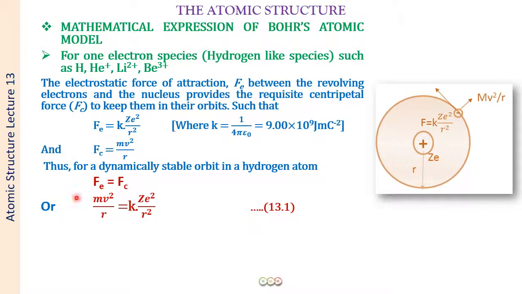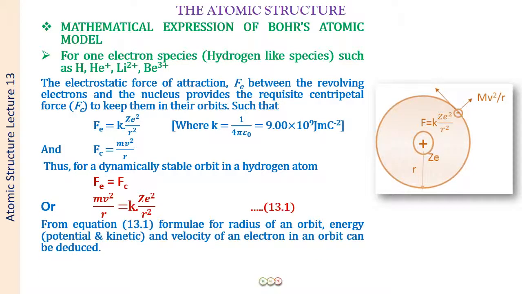And now this is going to be a very, very important relation for you, because this is going to help you derive the formulas for the radius of the orbit, the energy, potential energy, kinetic energy, and the velocity of an electron in an orbit, right? So this formula, how it has come and what this equation is basically, you should remember this. This is going to be really helpful to you.